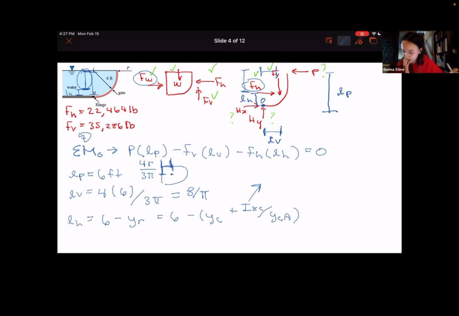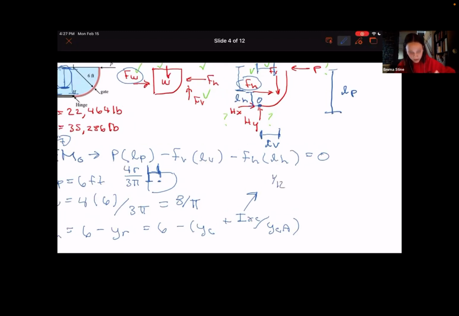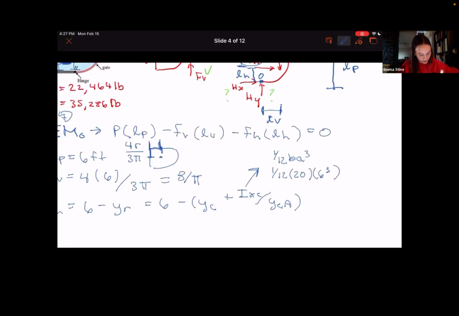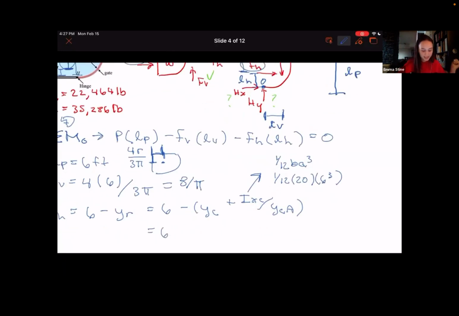So IXC is going to be 1/12 BA cubed, which equals 1/12 times 20 times 6 cubed. So this equals 6 minus YC, which we found earlier.